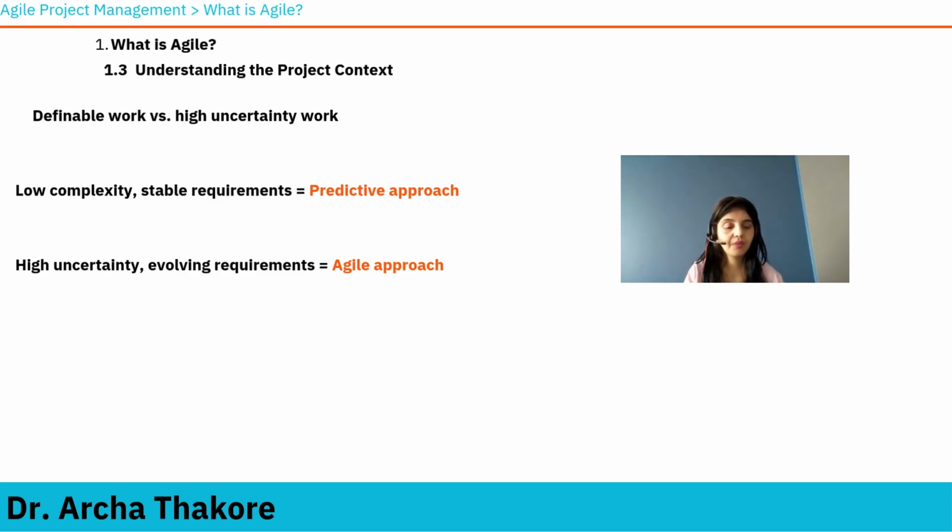When you're developing the drug, you're doing continuous testing and learning about the chemical mix or whatever. I don't have experience in that, but I'm just hypothetically talking about it. So when the uncertainty is high, requirements are evolving, you're learning as you're testing, then in such a setting, an agile approach is better.